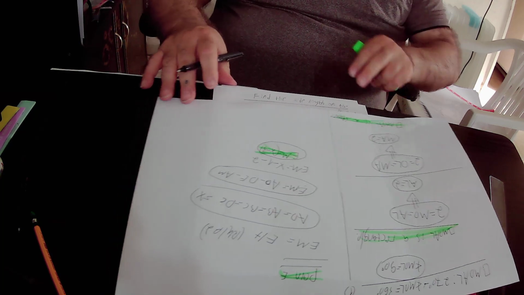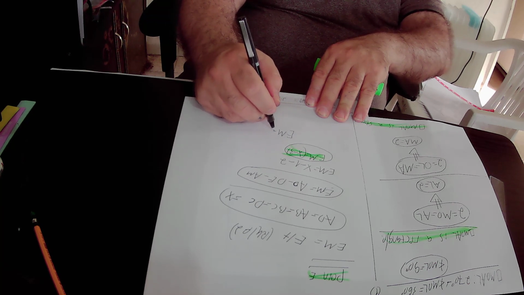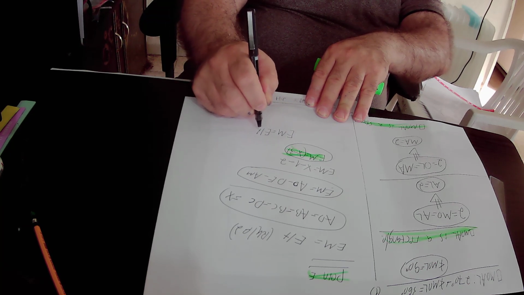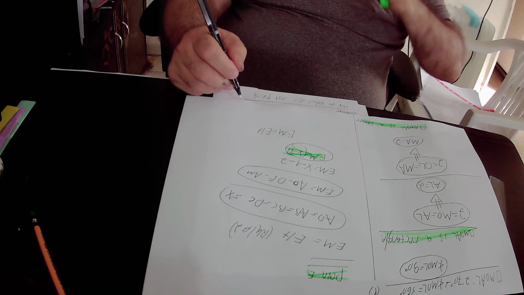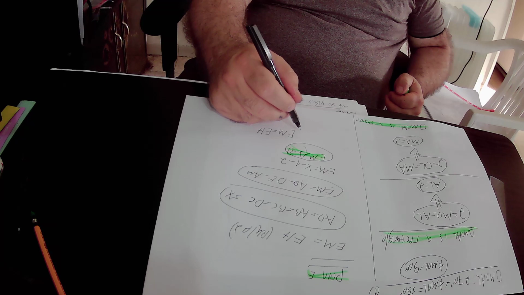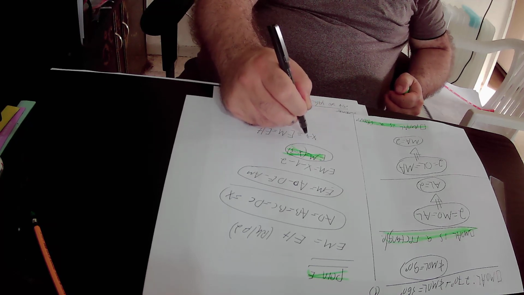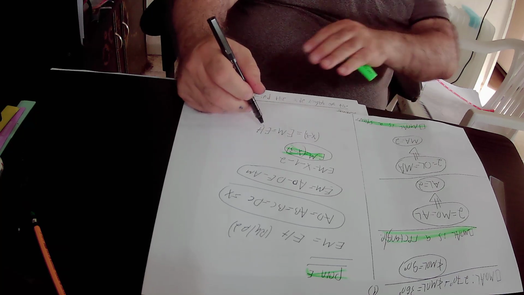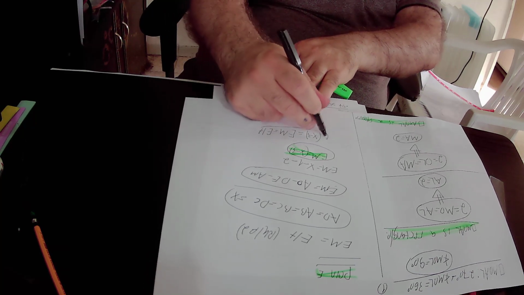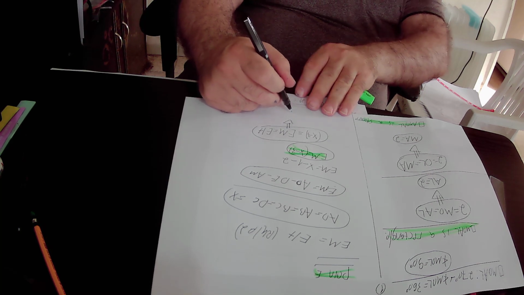So we already found out that EM equals EH according to rule number 2. And we just found out that EM equals x minus 3. So we can add here that EM equals x minus 3. And from this equation, x minus 3 equals EM equals EH, we will derive that EH is also equal to x minus 3.